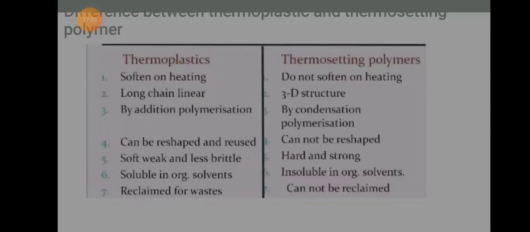Due to this softening nature, thermoplastics are very much soluble in organic solvents, but thermosetting polymers are insoluble in organic solvents. Thermoplastic waste can be reclaimed, but thermosetting polymers cannot be reclaimed. These are the main differences between thermoplastic and thermosetting polymers.